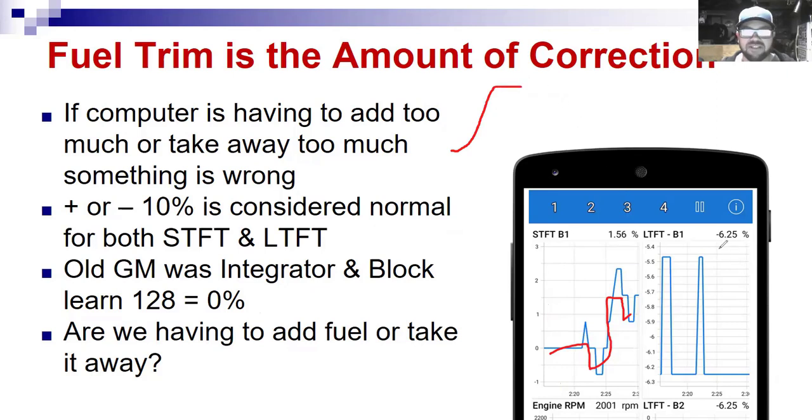And then what will happen is the long-term will move up. And then when the long-term moves up, the short-term moves down. So those two things work together. The long-term, of course, is more of a long-term trend of how the engine has been running for a longer period of time, where short-term's bouncing around.